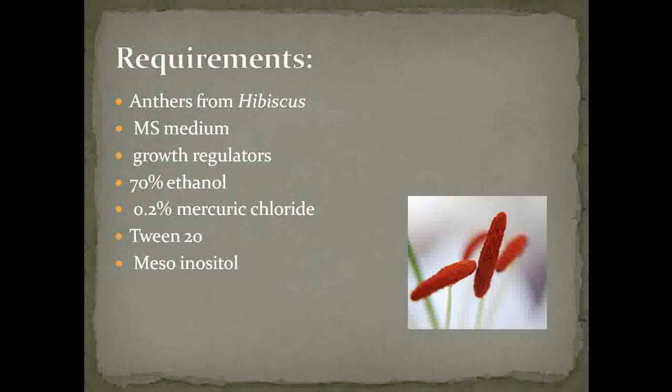For that sterilization process, here we require 70% ethanol, then 0.2% mercuric chloride. According to need, we can use Tween 20 or Tween 80, then mesoinositol. These are the various chemicals which we are going to use for sterilization purposes.